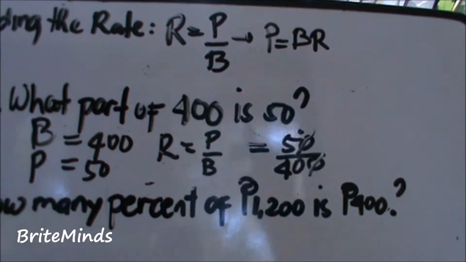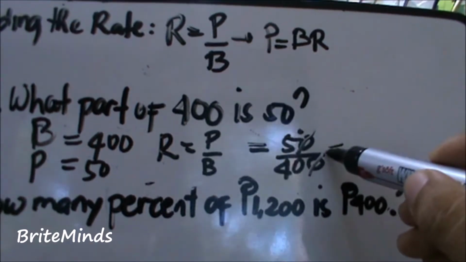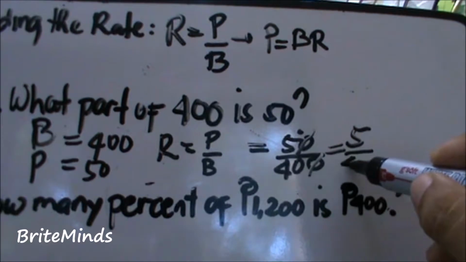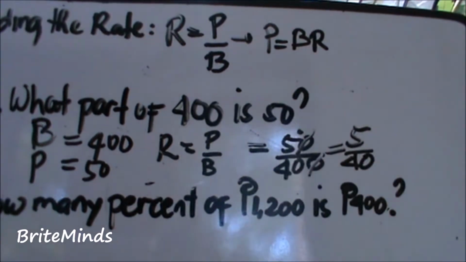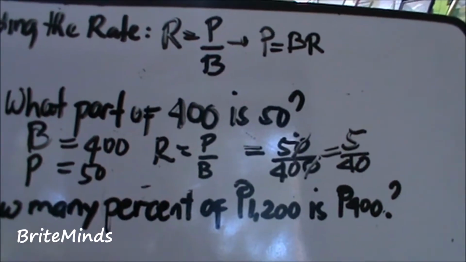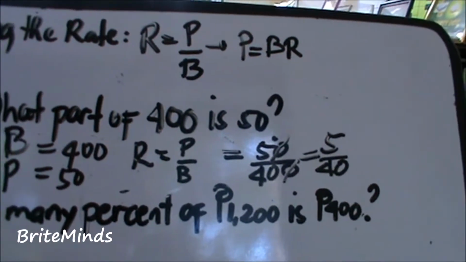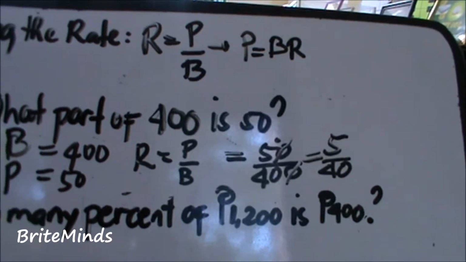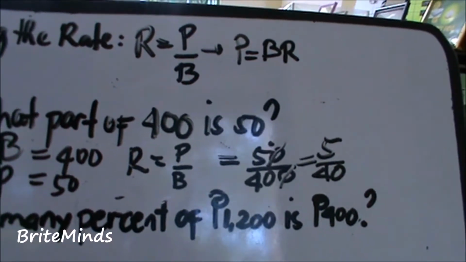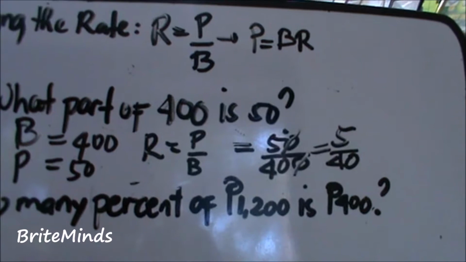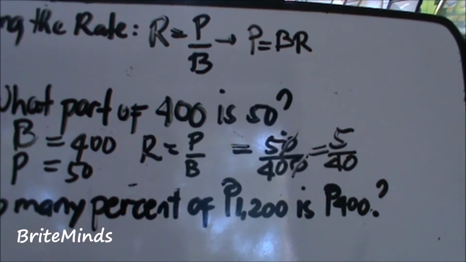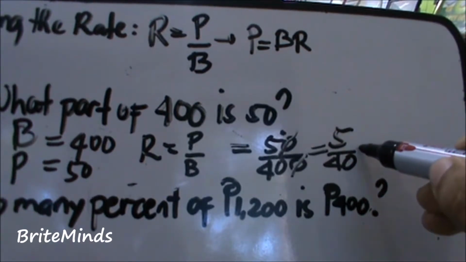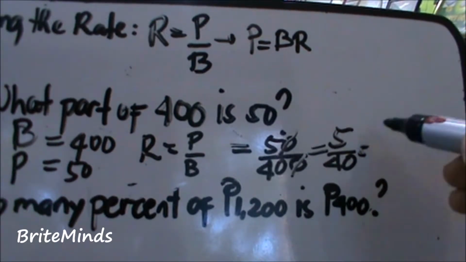So my fraction will look like this: 5 over 40. This is a proper fraction. Then we need to reduce it to lowest terms. The common factor will be 5.